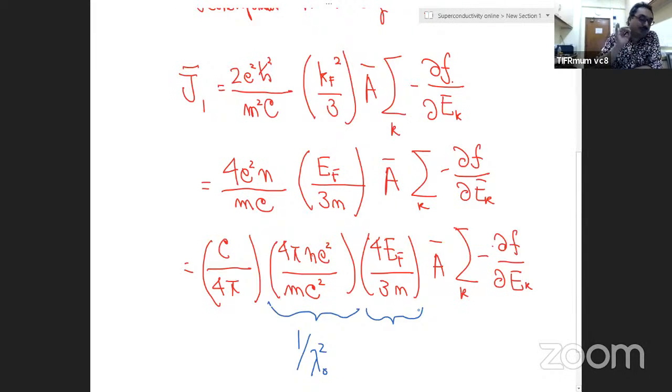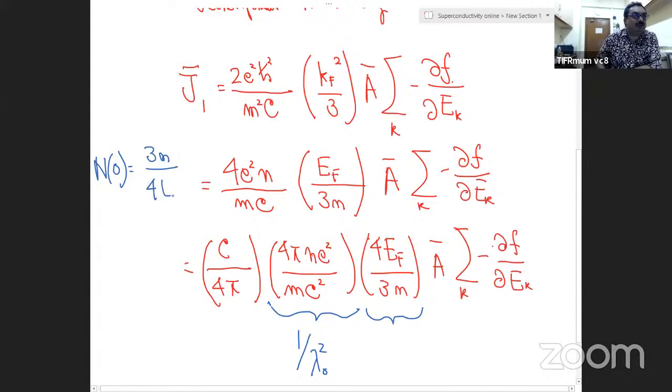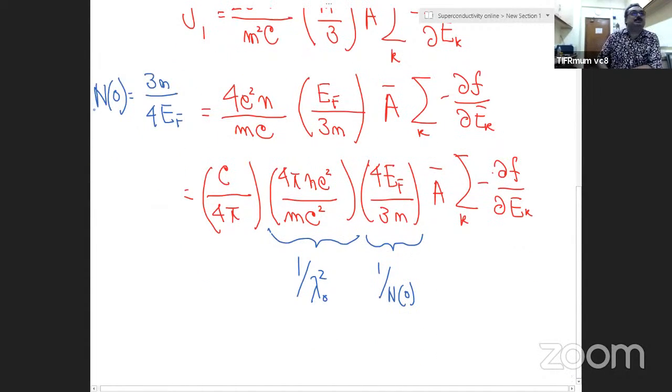Okay, if you have forgotten, I suggest you go back and revise free electron theory. The density of states at Fermi level, we always take 0 as our convention for Fermi level, is 3n by 4EF. You can find it in any solid state book, so I suggest you go back and refresh your memory.